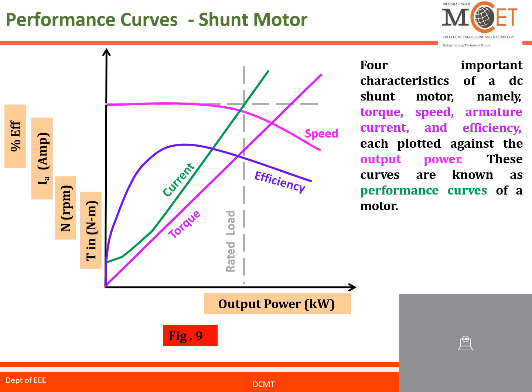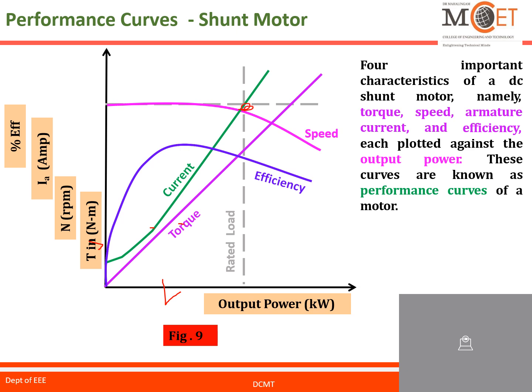Okay, on the x-axis we consider output power, and on the y-axis torque, speed, armature current and efficiency. So observe these four curves. As output power increases, the current increases, torque also increases, and speed slightly decreases.